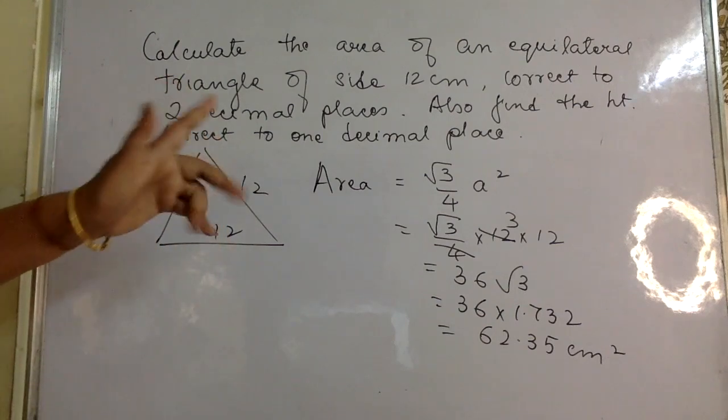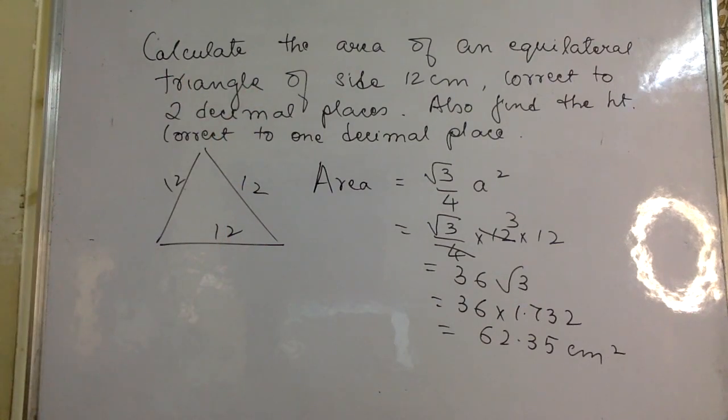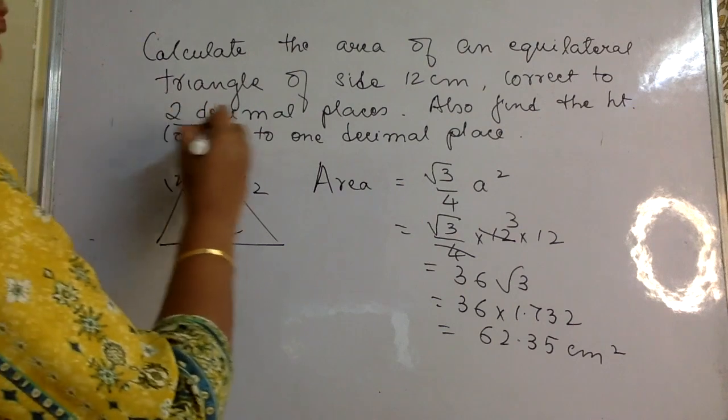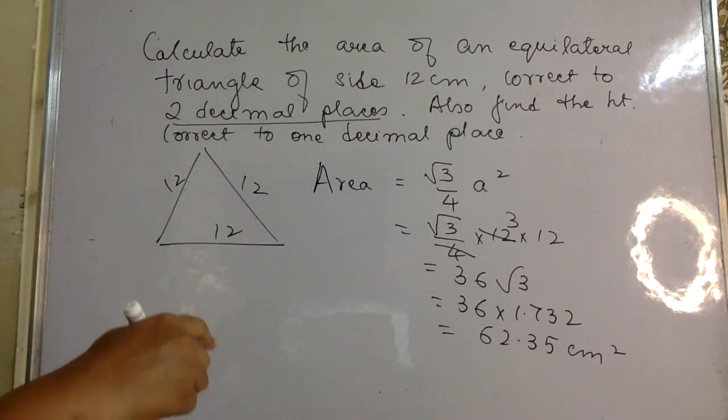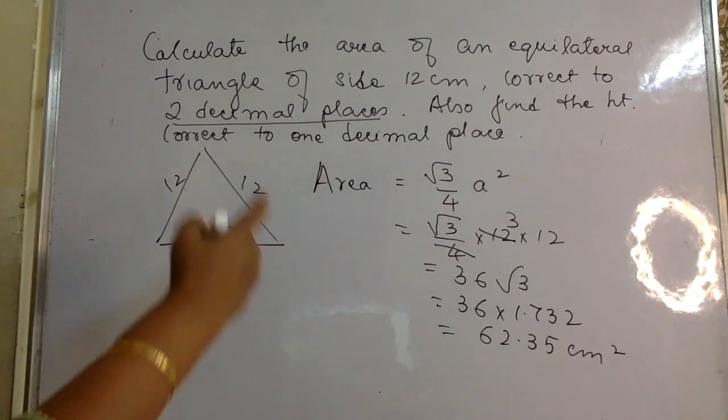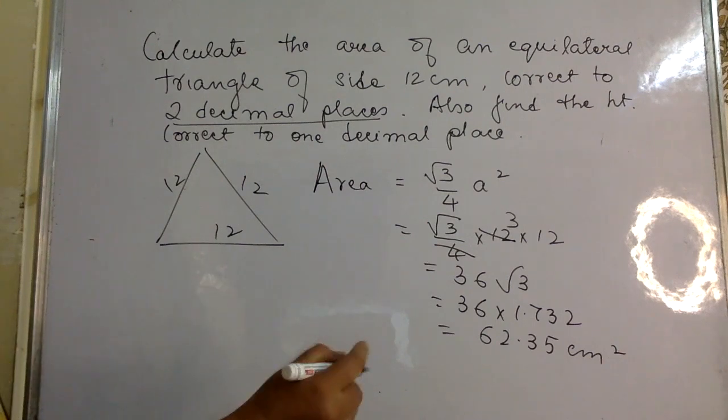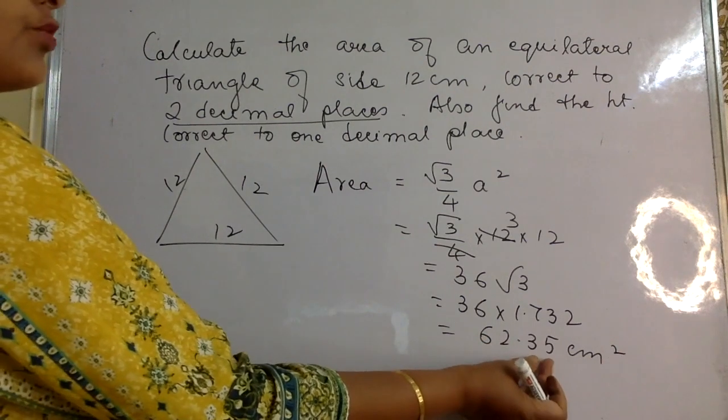Now they had told correct to 2 decimal places. What does that mean? It does not mean that you just write 2 decimals.